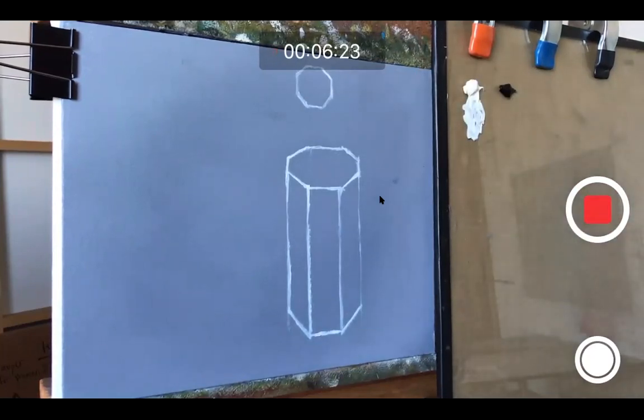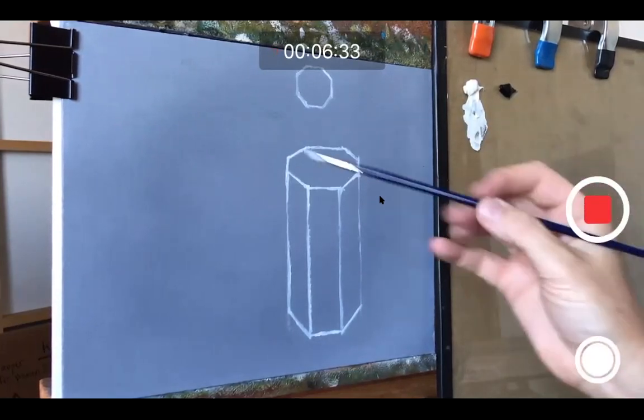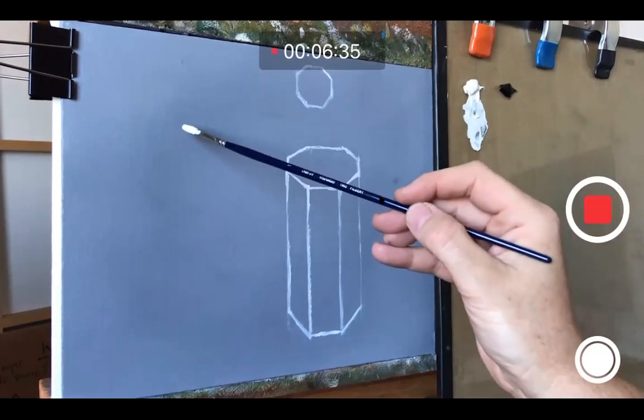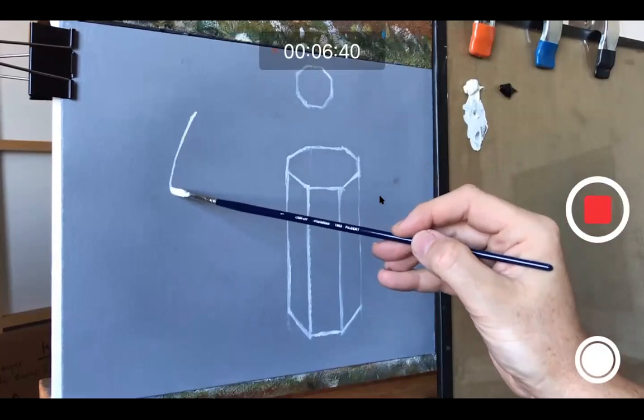Then I'm going to imagine this column illuminated by a light source. Let's pretend the light source is similar to the light source we're using.